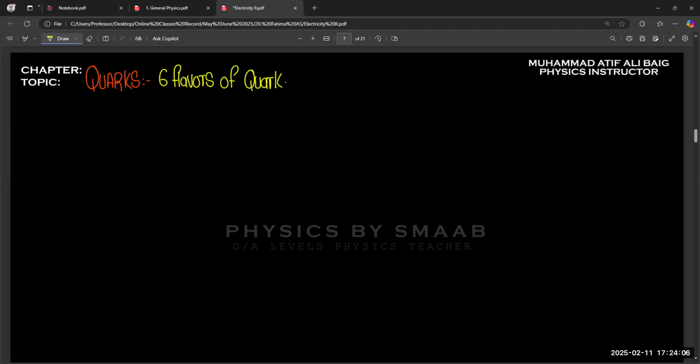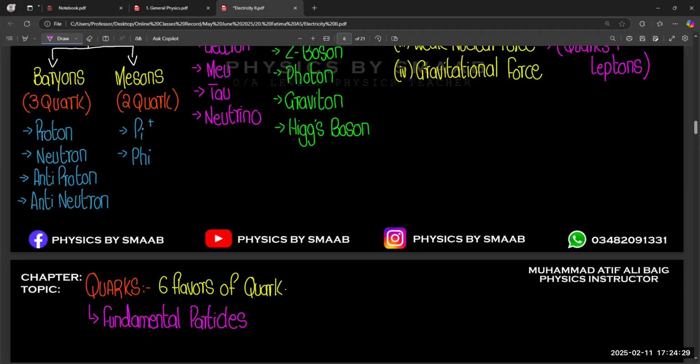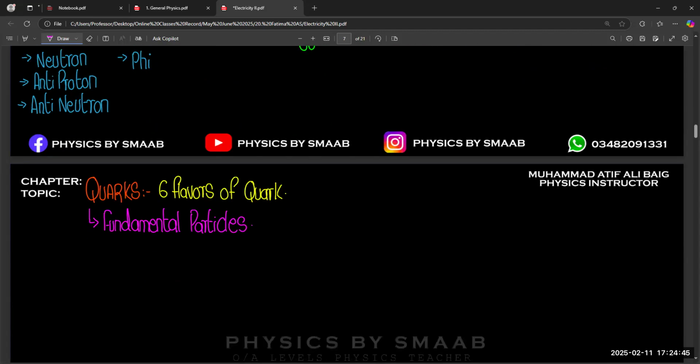Quarks are fundamental particles, as we already observed in the table, and they are making up the proton and neutron category, also the antiproton and anti-neutron category. So this is the simple concept of quarks.